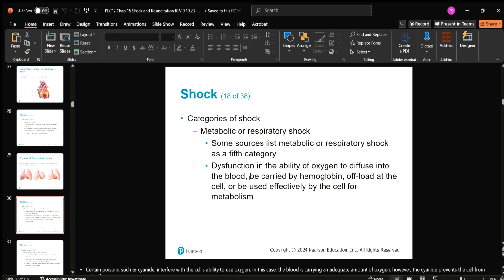Let's talk about this one right here. Be carried by hemoglobin. If someone is involved in a house fire, what gas may they start inhaling? Carbon what? Carbon dioxide. No, monoxide. Carbon monoxide.